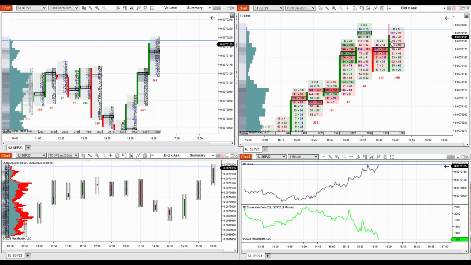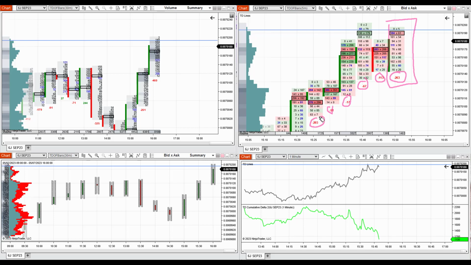With each footprint we have aggressive sellers versus aggressive buyers, and if the delta below the footprint is negative, then the sellers are way more aggressive than buyers. Like in here and all those footprints that came before that. That's why the cumulative delta is dropping, and that's why I'm pretty positive about this trade.